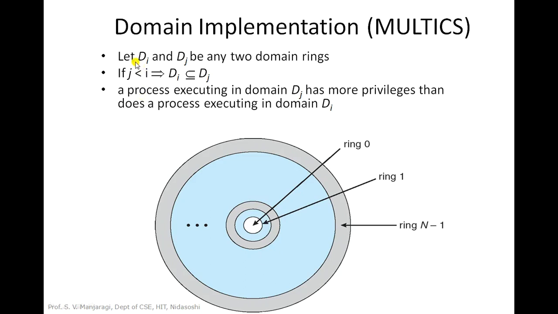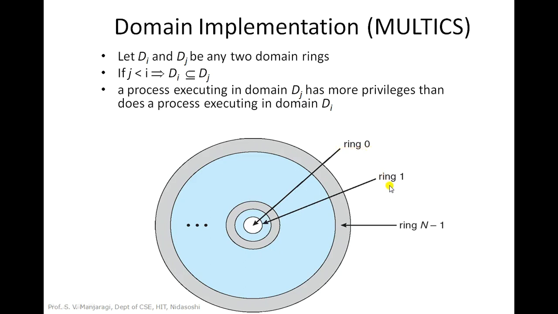For example, let Di and Dj be two domain rings. Let us take two domain rings in case of Multics, like Di and Dj. If j is less than i, then Di is a subset of Dj. For example, you take ring 0, that is the domain 0.